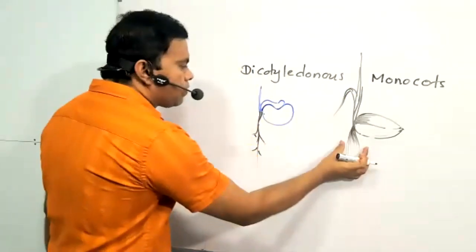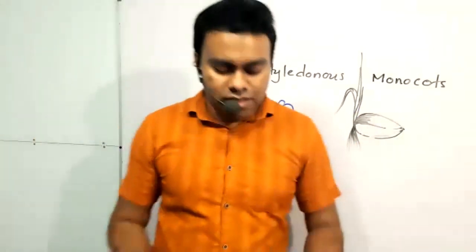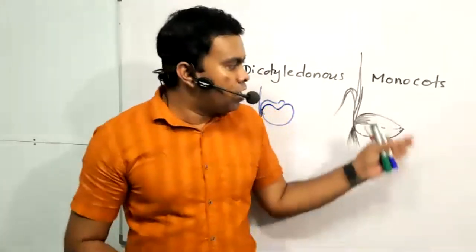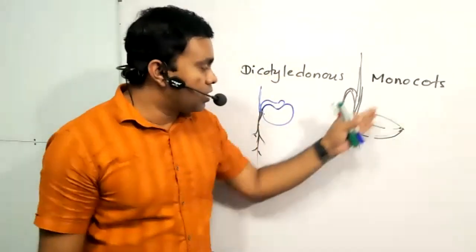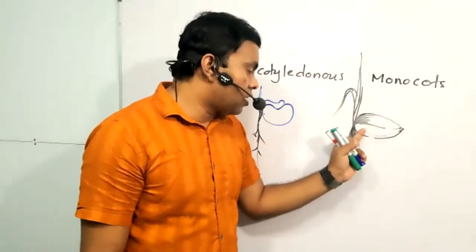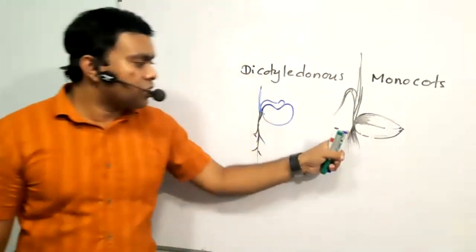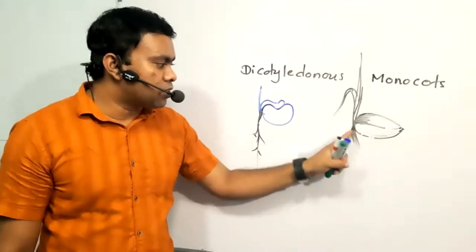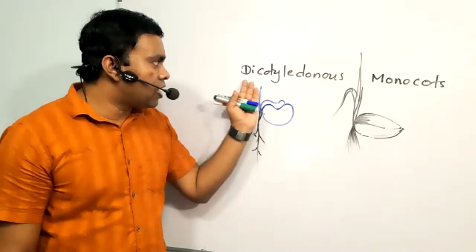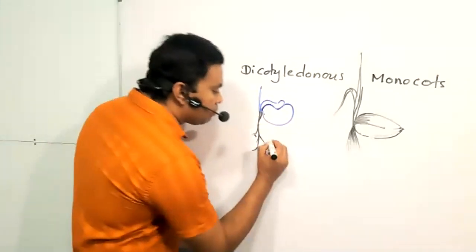So this fibrous root system is with monocots. What are the examples? Arecanut, coconut, and grass species. They have only one cotyledon in their seed embryo, so they are monocots. All the monocots have a fibrous root system, and the plants with two cotyledons are known to be dicotyledonous plants, and they have this taproot system.